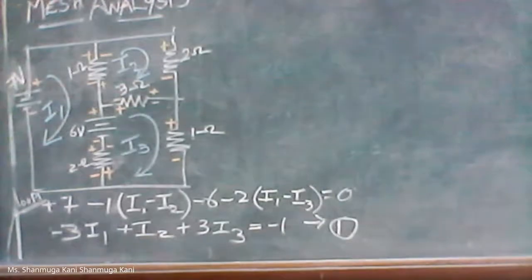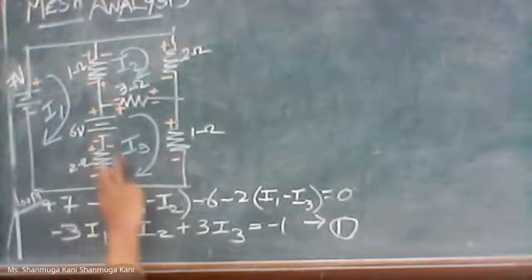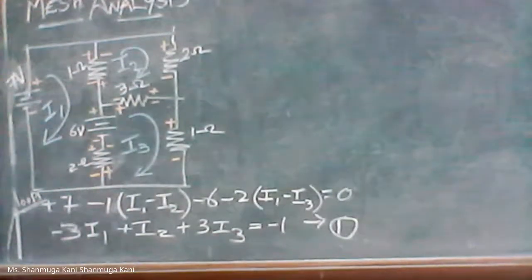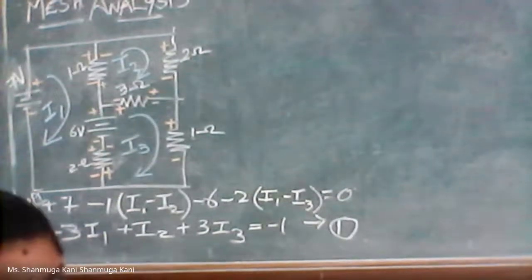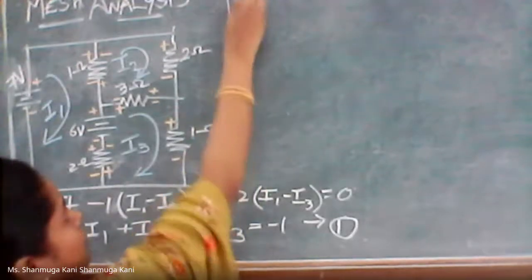Similarly, we have to write the equations for loop 2 and loop 3. Can you write the equation for loop 2?